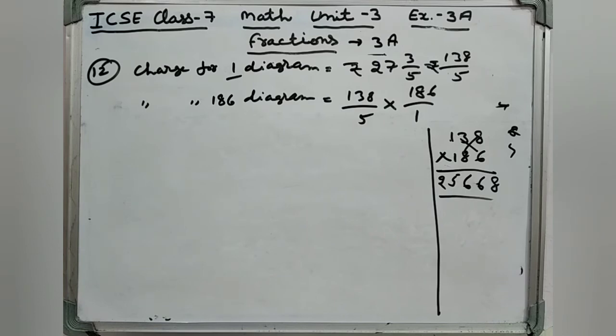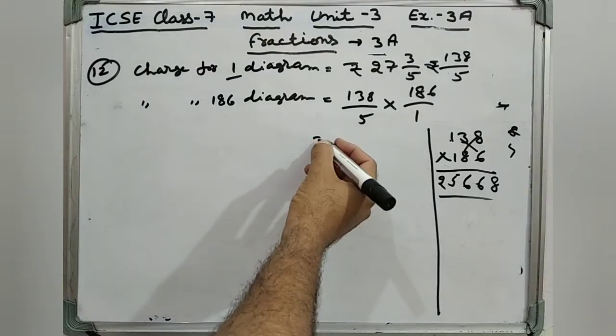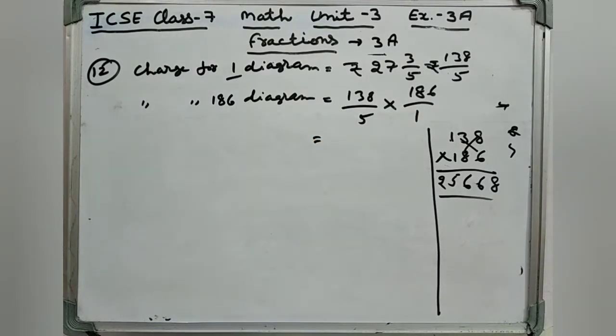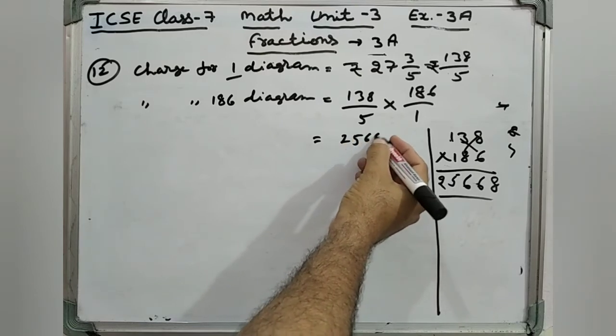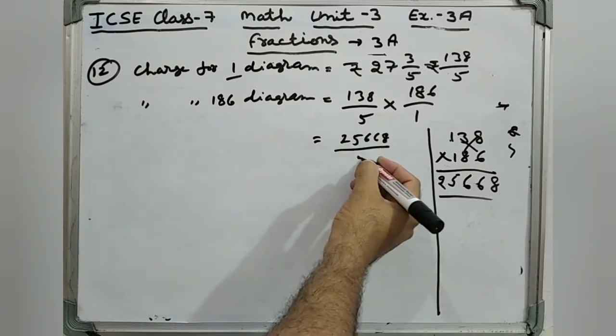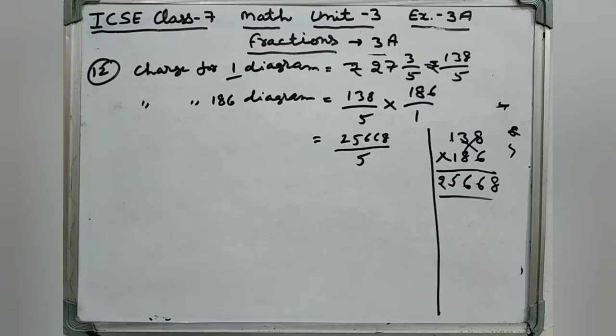Just simple. For that you have to visit our video on shortcut tricks in mathematics, multiplication by 3 digits, on my YouTube channel. You can see it from here. 25668 upon 5, right?